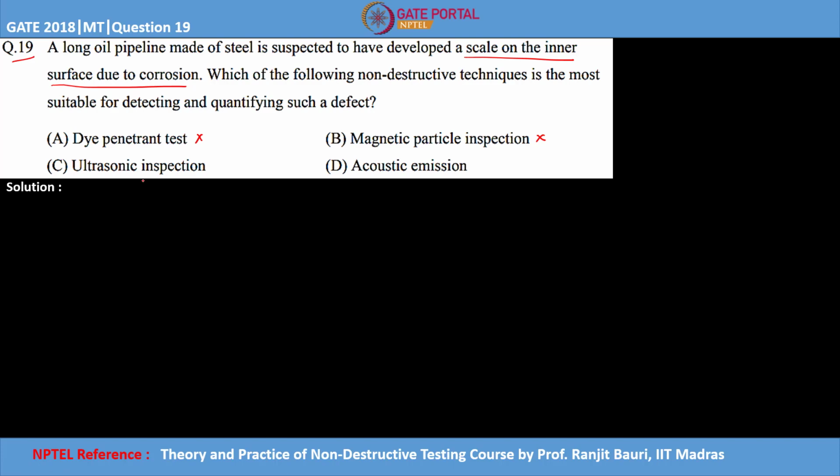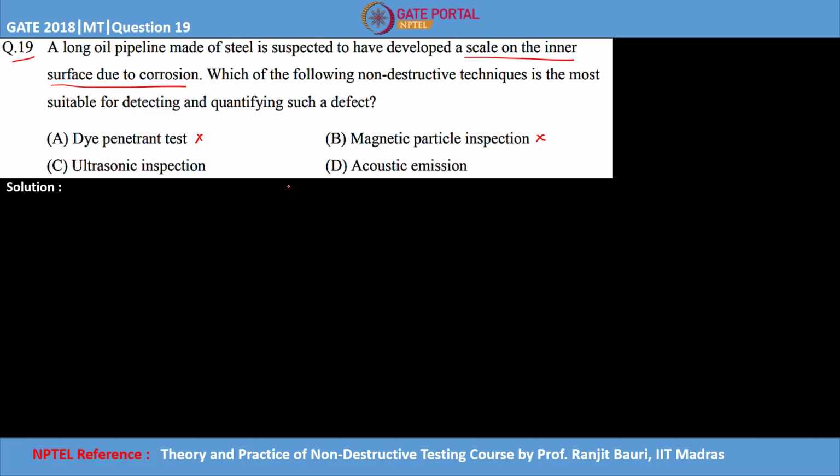Coming to ultrasonic inspection, this can be used as a surface NDT method as well as a bulk NDT technique for internal flaw detection. Here we use very high frequency sound waves, around 1 to 15 megahertz, and these sound waves travel through your material, and if some defect is present it will be reflected back.